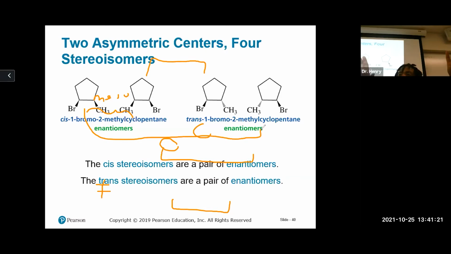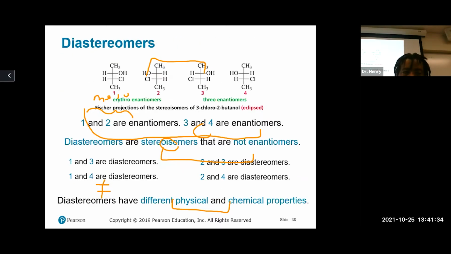Diastereomers means that you have di, meaning 2, right? Do you see? Di. Let me go back. Di meaning 2. 2 that are not stereoisomers, right? Well, they are, but not enantiomers. Okay.